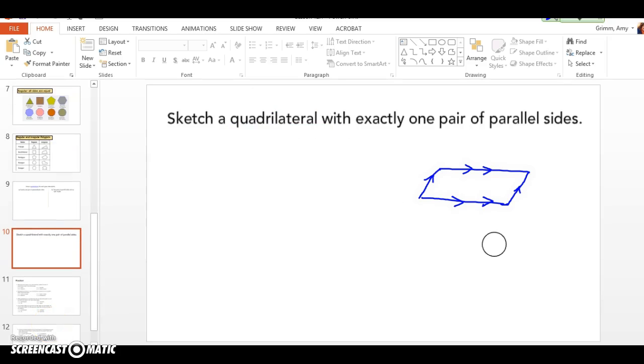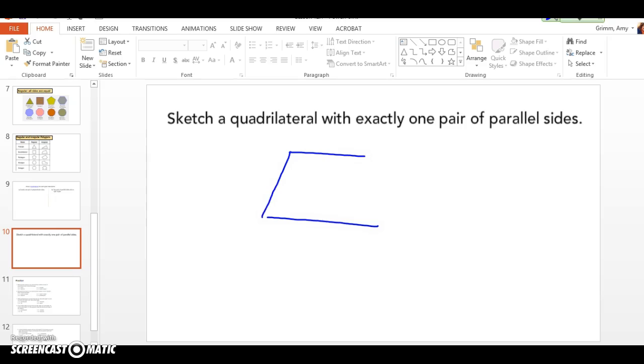This time again, try to sketch a quadrilateral with exactly 1 pair of parallel sides. See if you can do that one. This is one of those times where I wish I had that land school because I could pull up every single one of your screens and show you all the different drawings you have. So exactly one pair of parallel sides would basically mean it's a trapezoid.